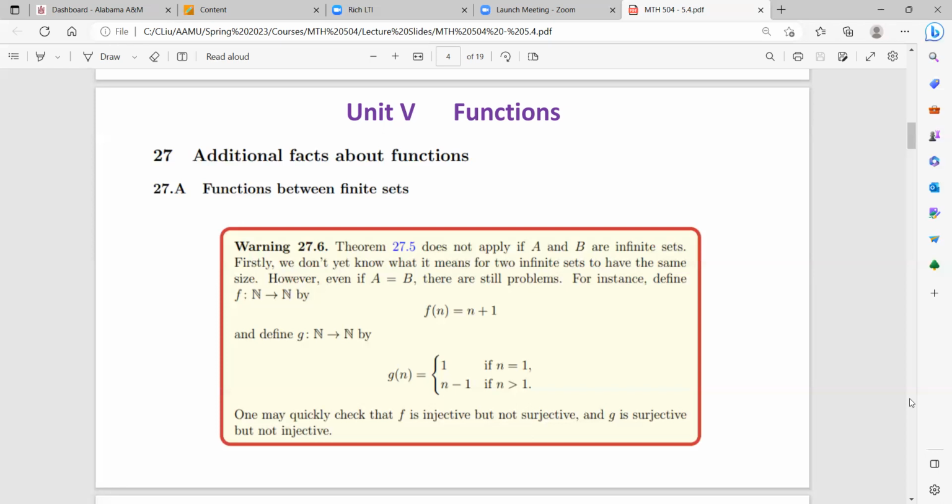But even if the two sets A and B are equal and they are both infinite, suppose the domain and the codomain of a function are the same infinite set. Then you can find some counterexamples to show that the previous conclusions do not hold.